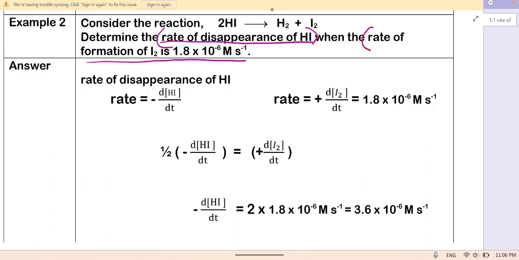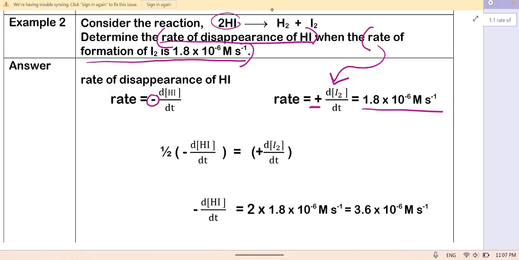From the data given here, we can transform it into a mathematical expression. Formation means it is positive, d[I2]/dt, and this is the value. The question asks you to find the rate of disappearance. Disappearance means this one is a reactant, so that's why it is negative.